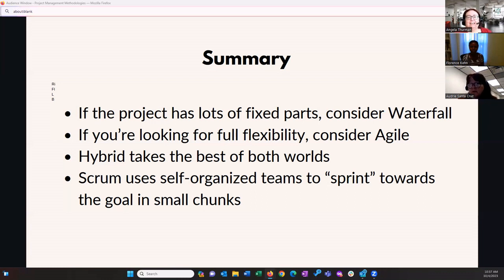Agile doesn't have the rigorous documentation that waterfall requires. Waterfall requires extensive documentation.